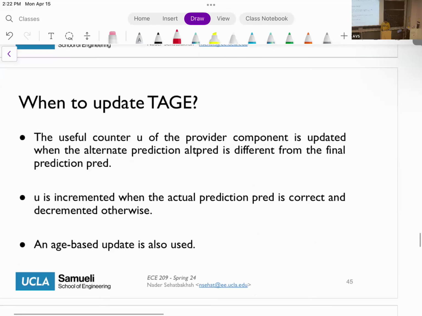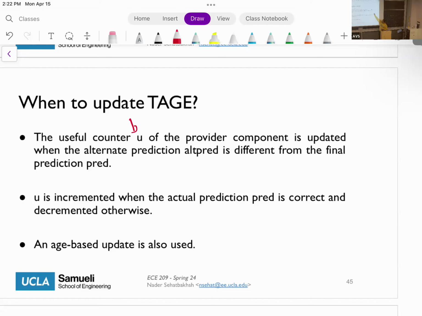So when do we update the counters? Basically, for this useful counter U, we update the provider counter because that's the one that matches.